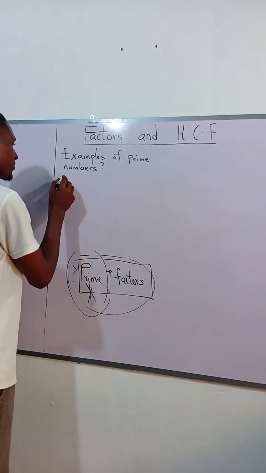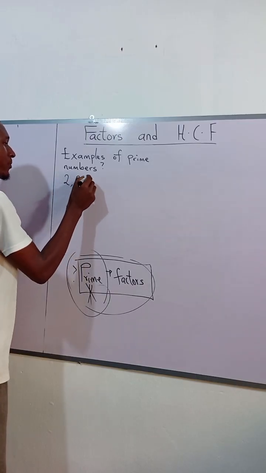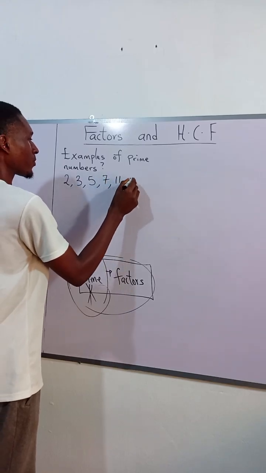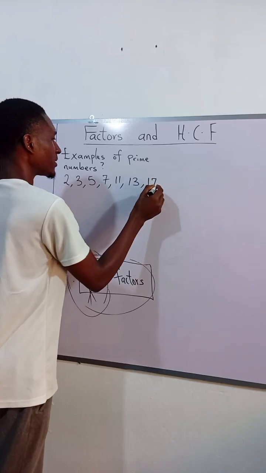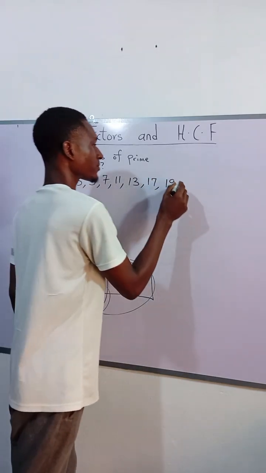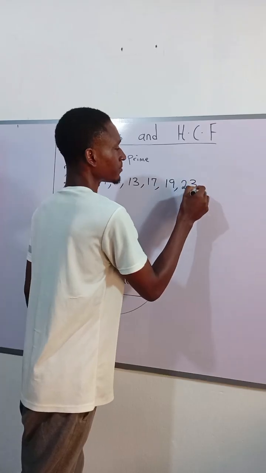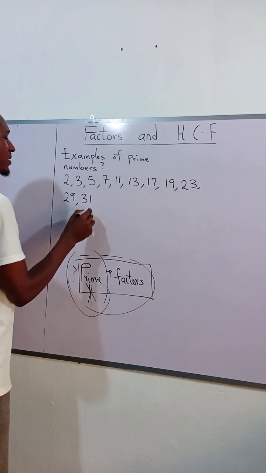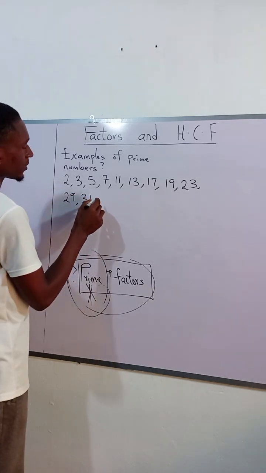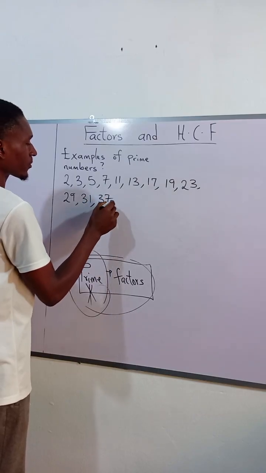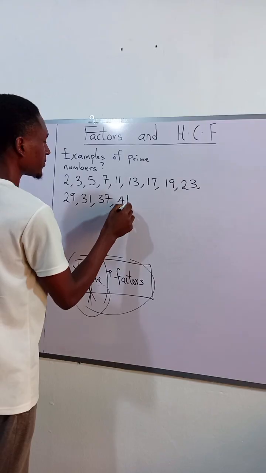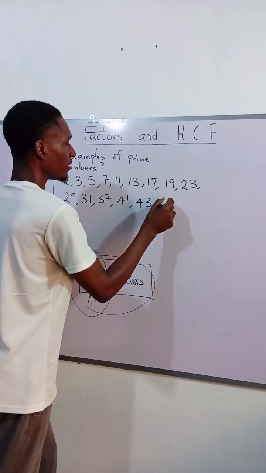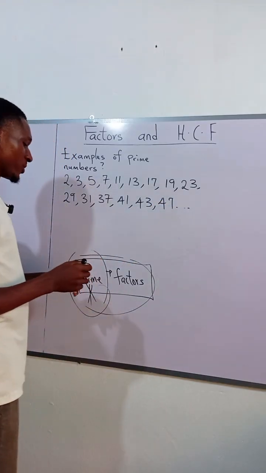So examples of prime numbers. We have 2, we have 3, we have 5, we have 7, we have 11, we have 13, we have 17, we have 19, we have 23, we have 29, we have 31, we have 37, we have 41, we have 43, we have 47, and so on and so forth.